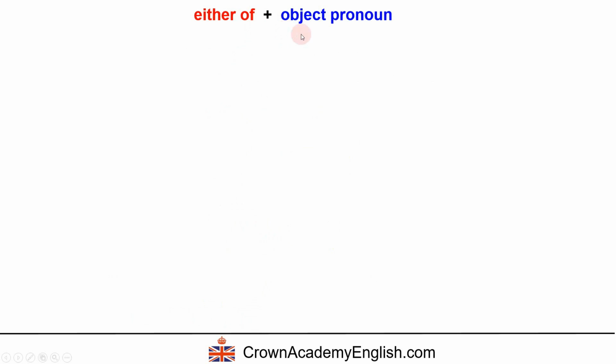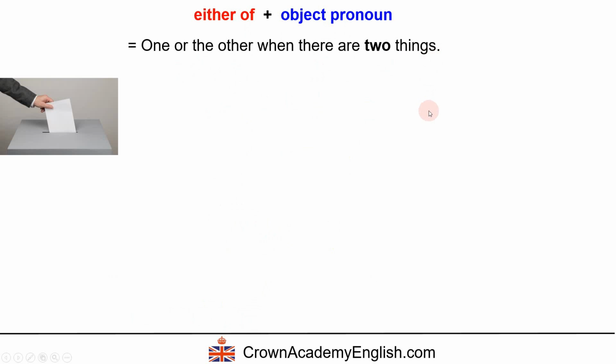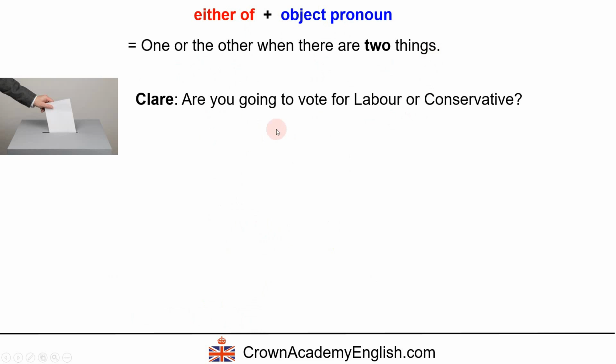Either of followed by an object pronoun. Again, same meaning, one or the other when there are two things. Claire asks, are you going to vote for Labour or Conservative? And John replies, I am not going to vote for either of them.